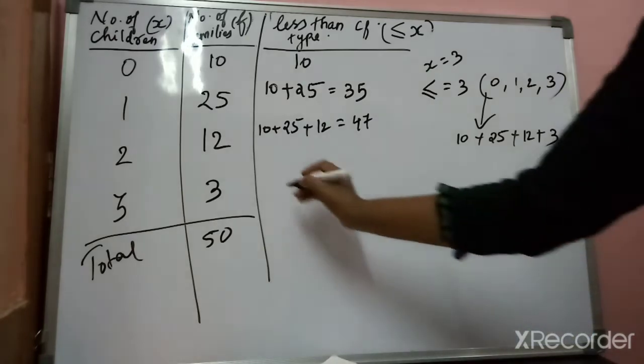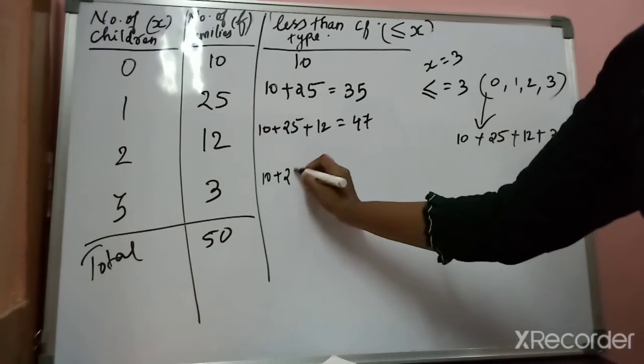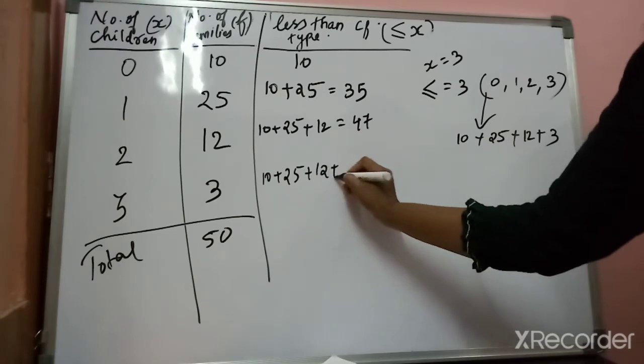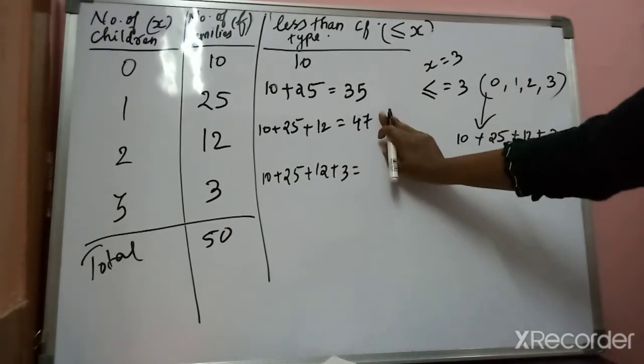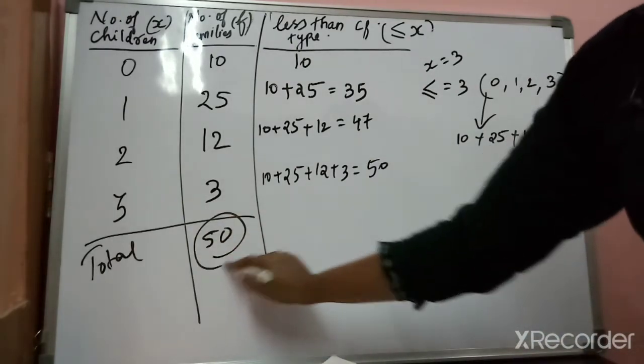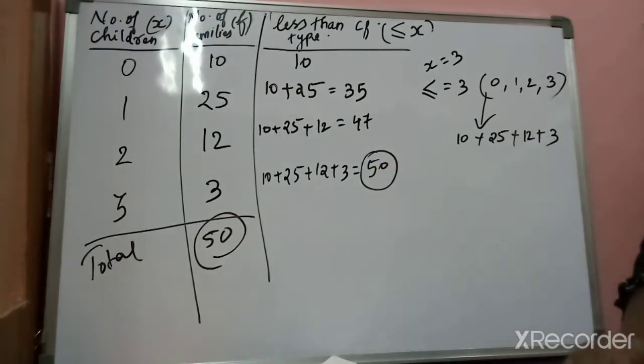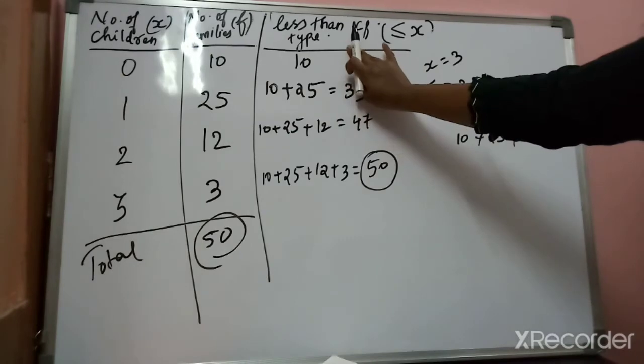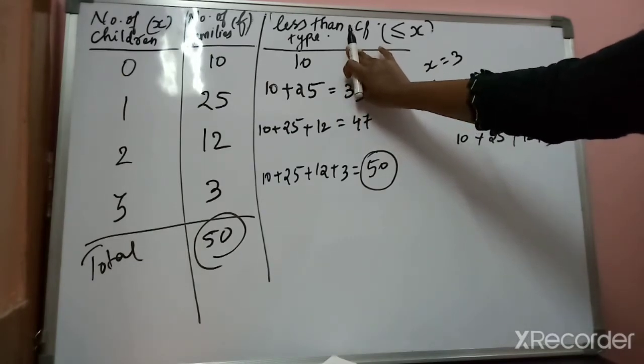So working would be 10 plus 25 plus 12 plus 3. So 47 plus 3 is 50. Clear? So this should be matching. Clear with this less than type cumulative frequency?